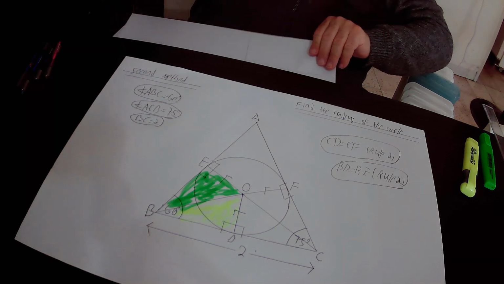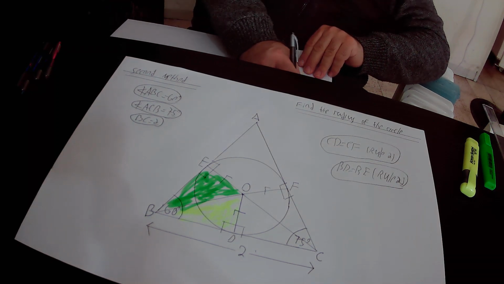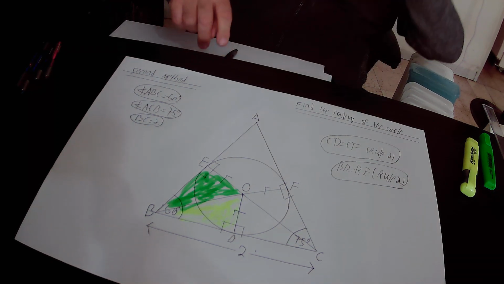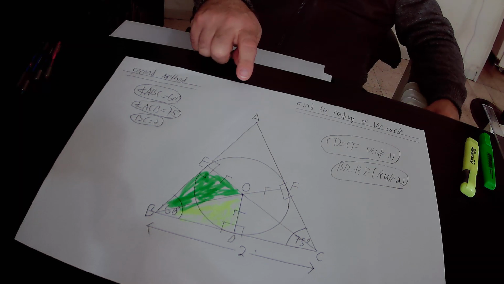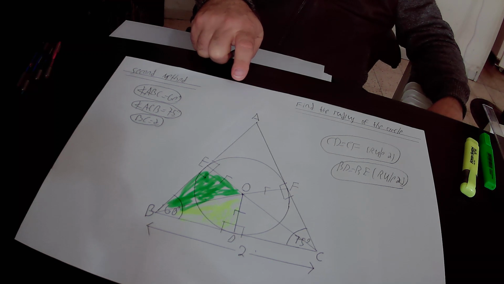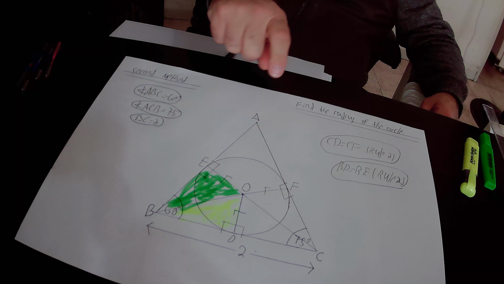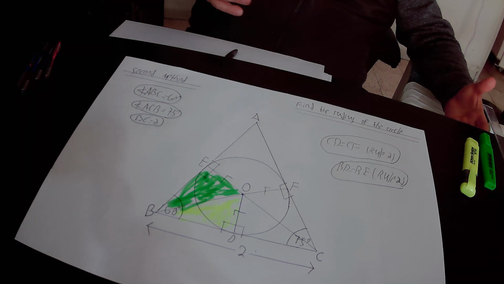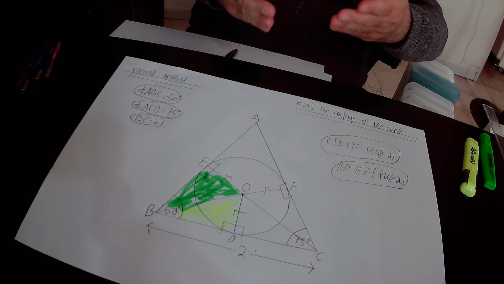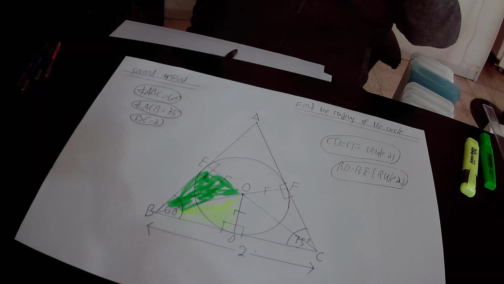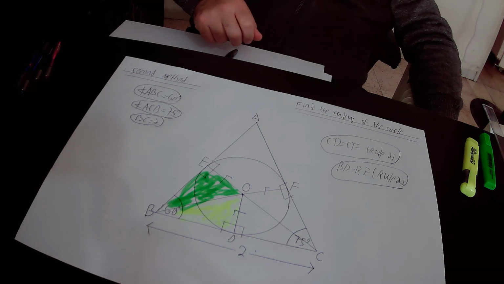So we actually proved that all three sides of the green triangle OBE are correspondingly equal to all three sides of the yellow triangle BOD. Therefore, those two right triangles can go into each other according to the side rule.